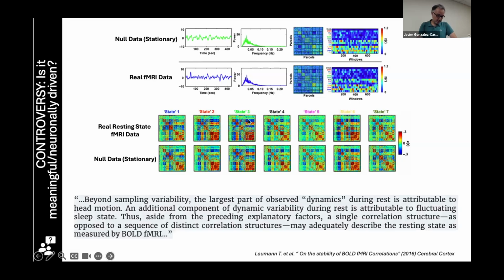And based on this observation and others, there are people who say that what you see with dynamic functional connectivity is mostly a result of sampling variability, the idea that instead of having a single sample, you have many of them, they're noisy, so they're not going to look the same. And that beyond that, it's basically just head motion and fluctuations in vigilance that's really driving that idea of dynamic connectivity. As you can imagine, I disagree with that, but I'm not the only one.